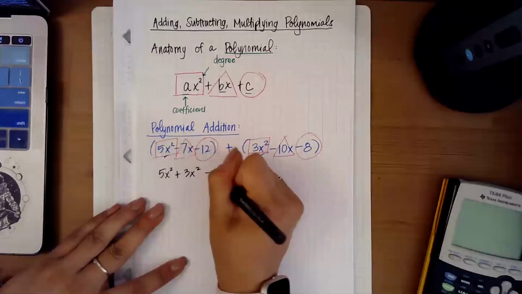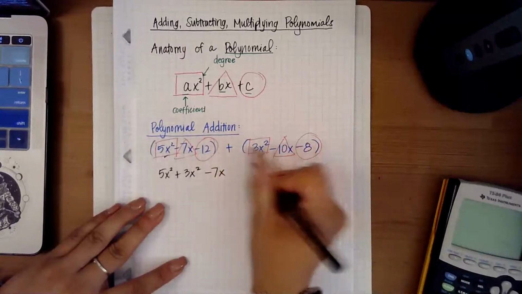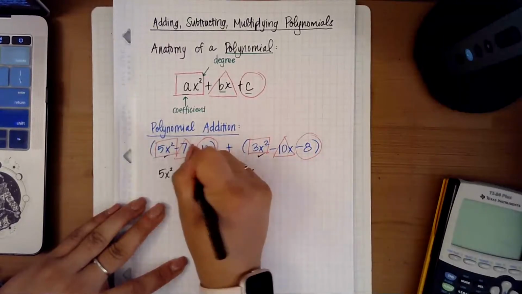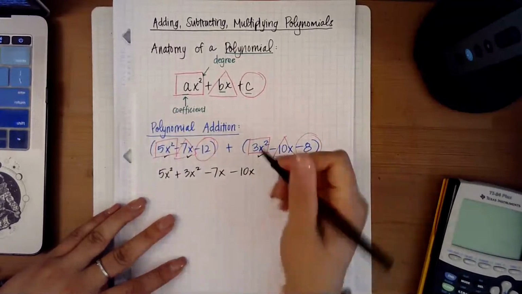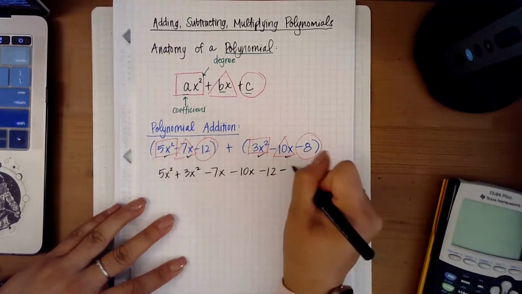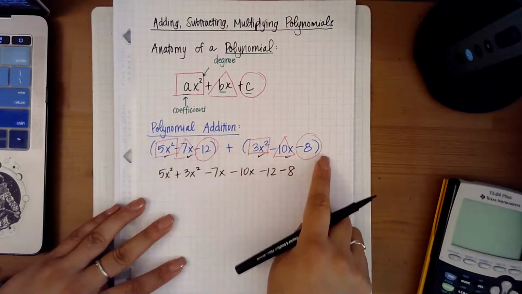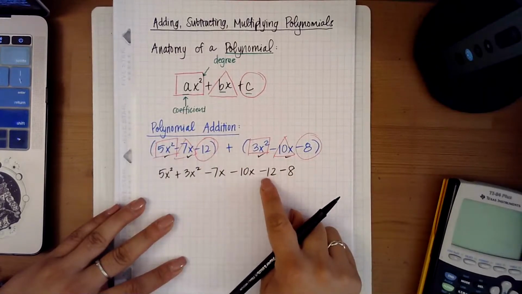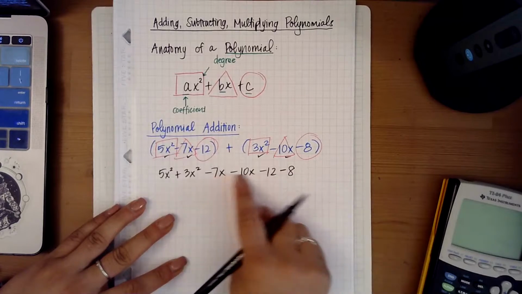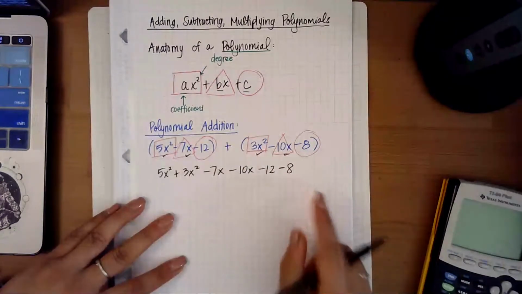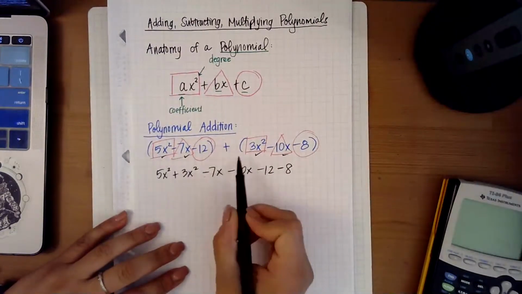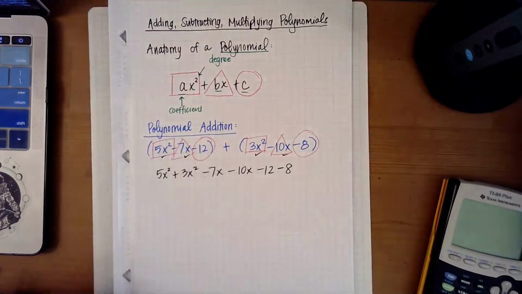And then I have negative 7x and a negative 10x. And then I have a negative 12 and a negative 8. Now notice that negative 12 plus negative 8 is the same thing as saying negative 12 minus 8. That's why, in addition, I'm able just to list them like that, and the minus doesn't affect it. But when I start doing subtraction, it will. So be careful with that.